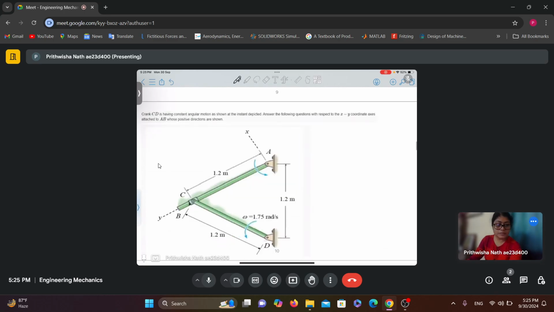Now, moving on to the next problem. Crank CD is having constant angular motion as shown at the instant depicted. Answer the following questions with respect to the XY coordinate axis attached to AB, whose positive directions are shown.